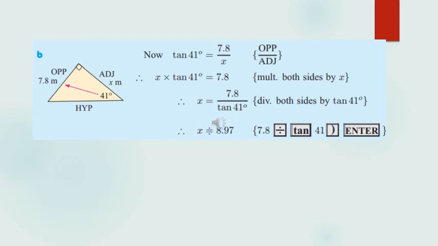So it's tan 41 multiplied by x equals 7.8. Then we need to make x the subject of the formula. So x equals 7.8 divided by tan 41. Then by using your calculator, you're going to find out that the measure of x is equal to 8.97.